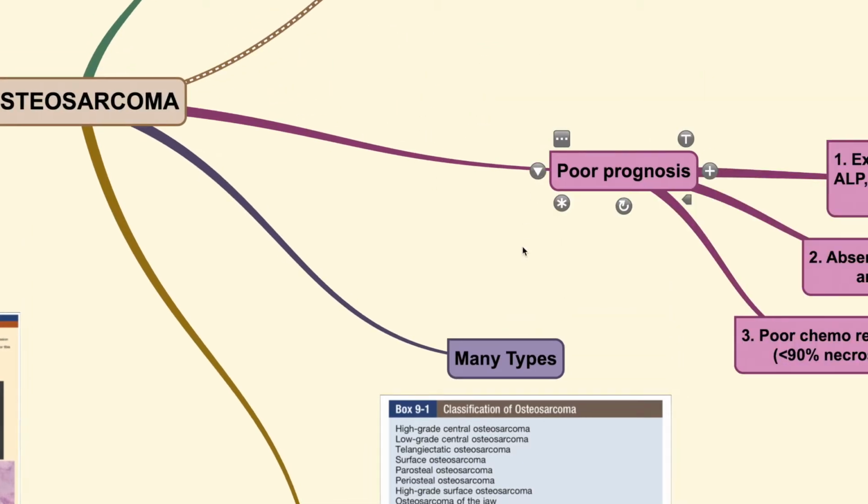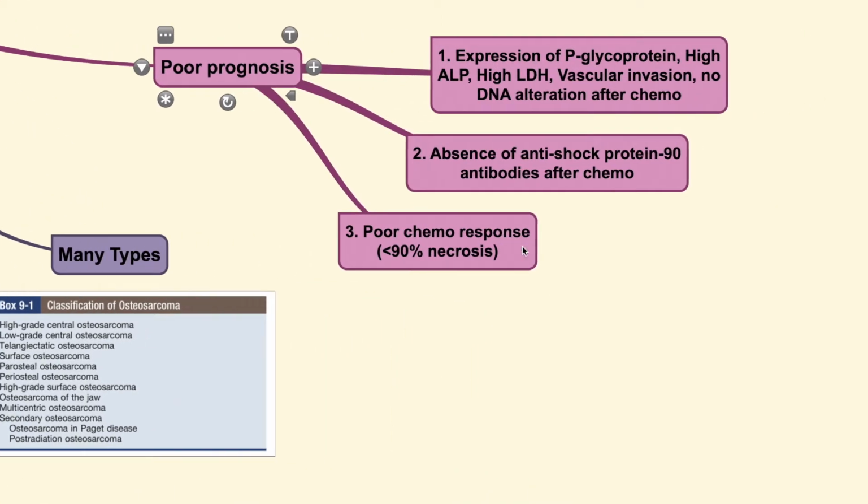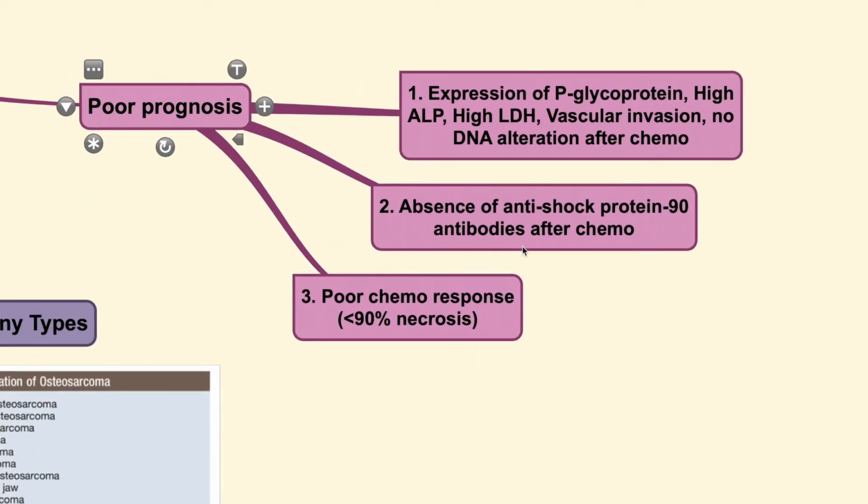Before we move on to that, I should let you see these indicators of poor prognosis, because in most osteosarcoma types, the prognostic factors are the same. Poor prognosis can be seen in certain populations of patients: the ones with high expression of alkaline phosphatase or high expression of lactate dehydrogenase.